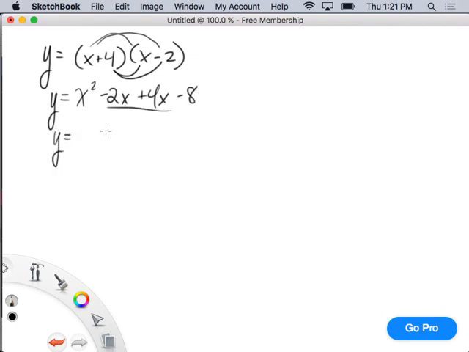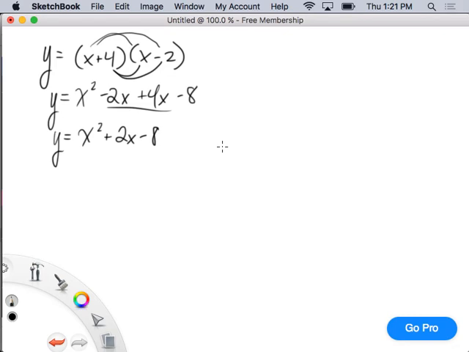Then we combine like terms, we get y equals x squared plus 2x minus 8. So class, is that a quadratic function? It is. What form is that in? Is that standard or vertex? Standard. It's in standard form.